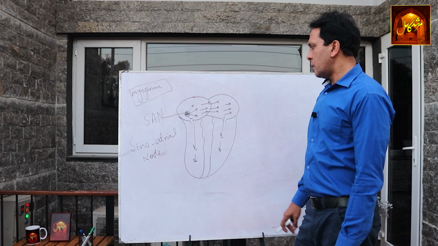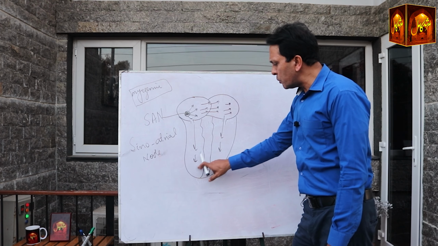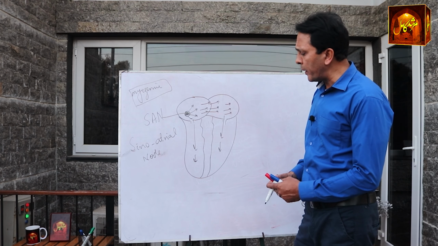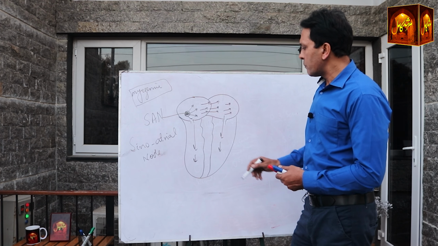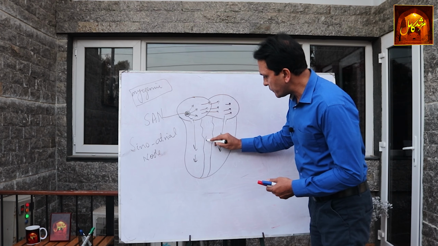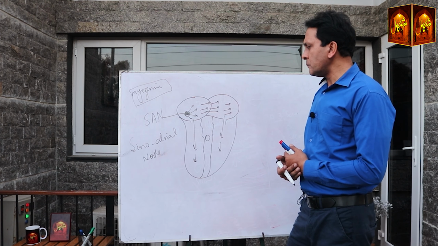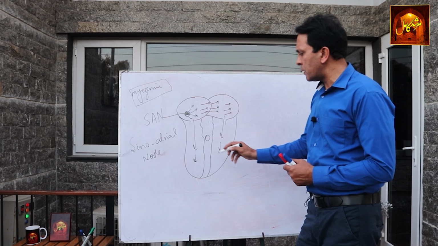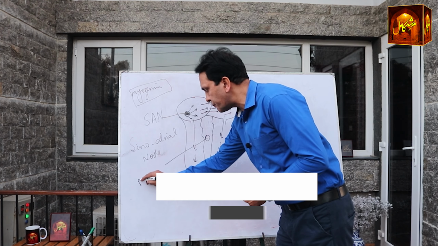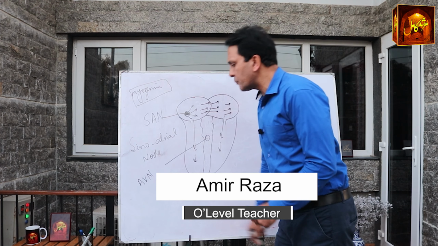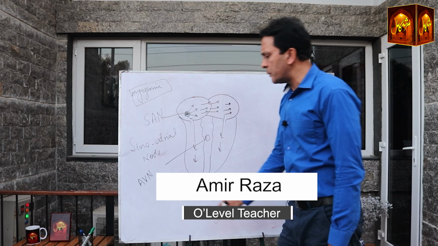Now, what happens to the walls of the ventricles? How will the blood come out of these two ventricles? We see in the septum, another node is present that is called AVN, the atrioventricular node.